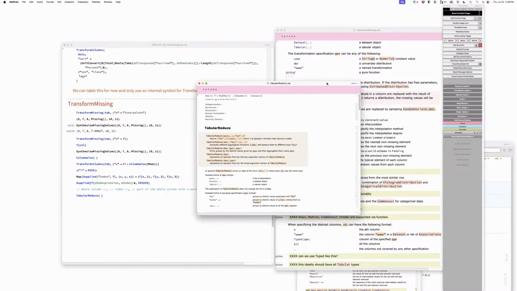Tabular reduce, okay. So what is this exactly doing? This is grouping by GSpec.